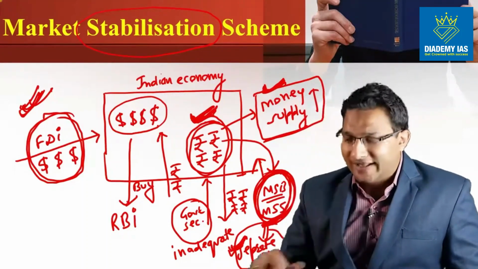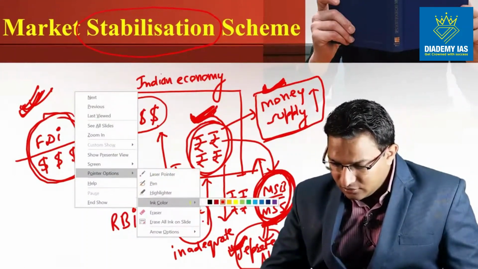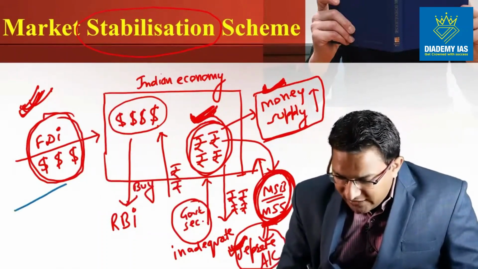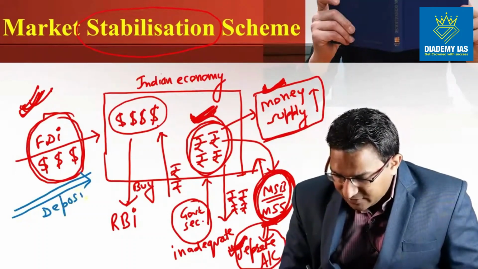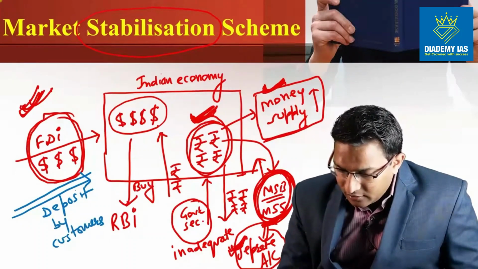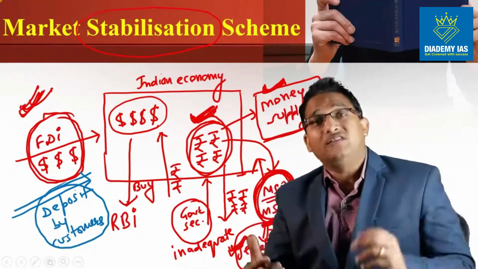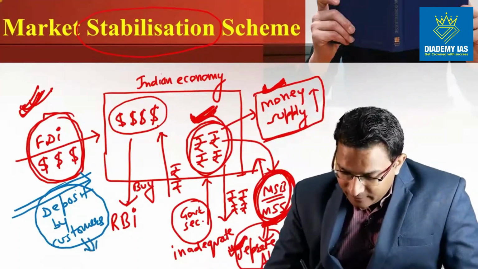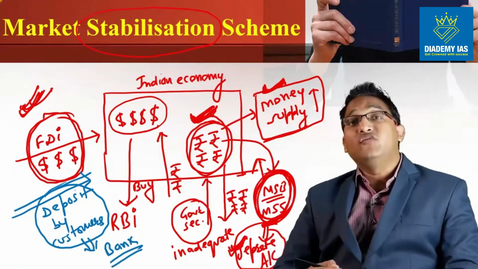And because of that demonetization, a lot of money was deposited by the customers, right? Because of this huge deposit, the banks had huge money with them, and because of this excess money, the banks were actually worried.